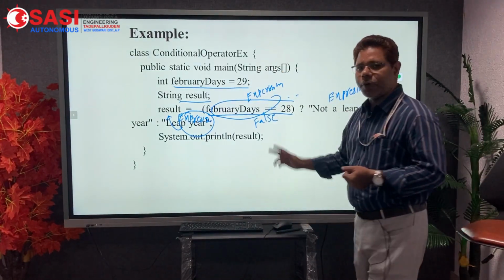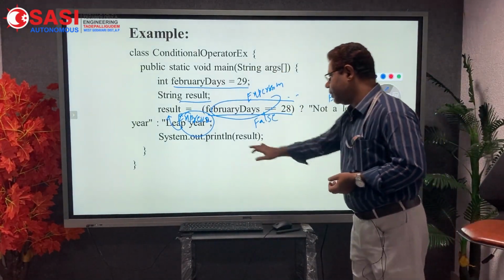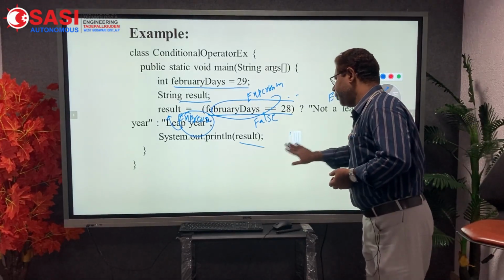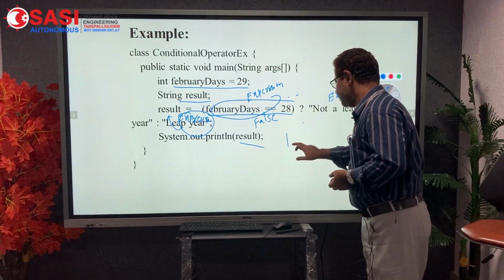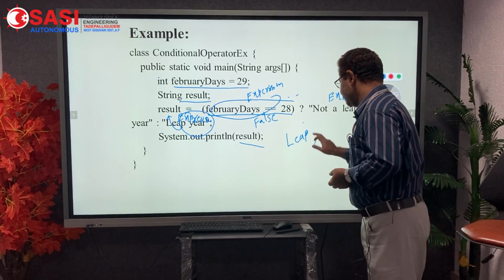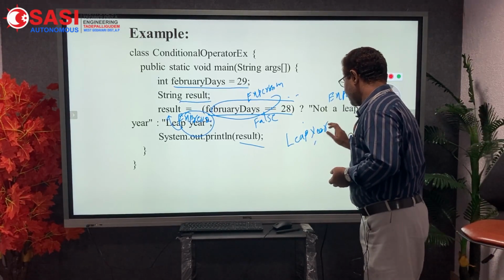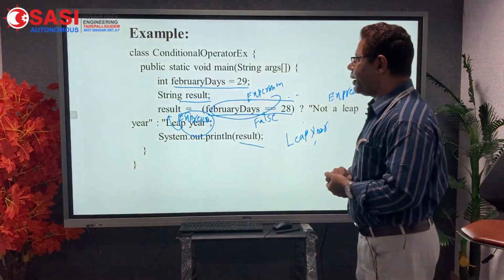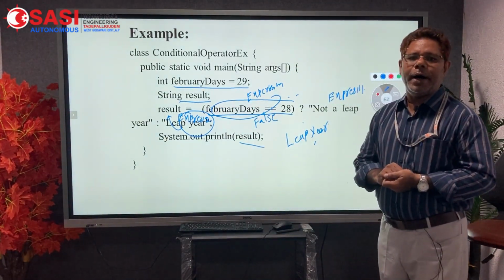So the output for this program is, sorry, we got leap year. So this is the ternary operator or conditional operator.